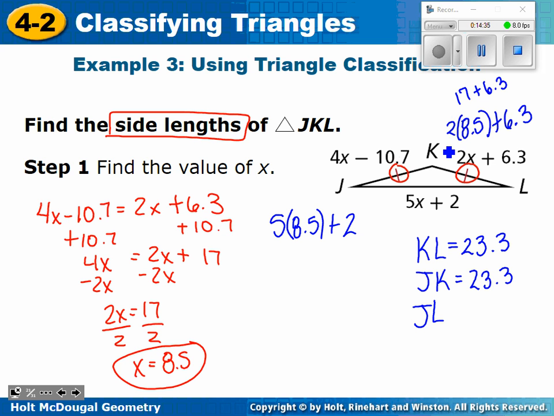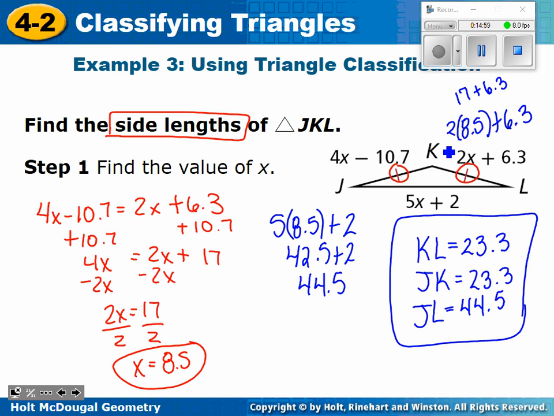What's 5 times 8.5? 42.5. And 42.5 plus 2 is 44.5. So we end up with JL is equal to 44.5. Any questions on those?